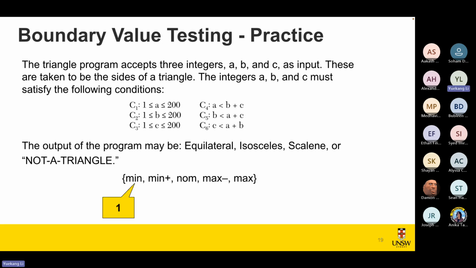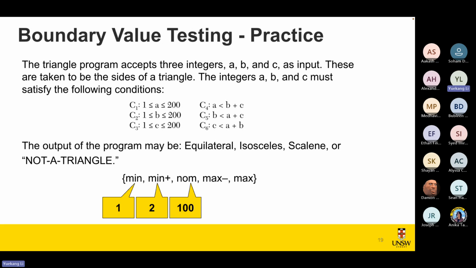1, yes. And what about an example for minimum plus? Okay, good. You can also use 3 or 4, but as far as it's close to the minimum value, it's okay. What about a normal value? 50, yes, a good choice, but we just put it the middle value to play safe.